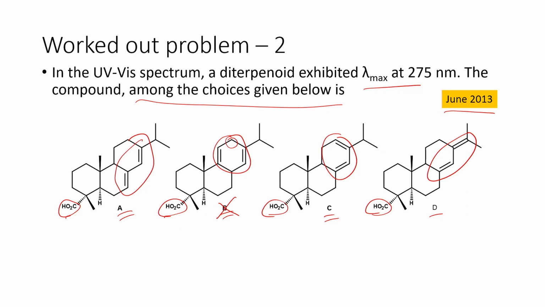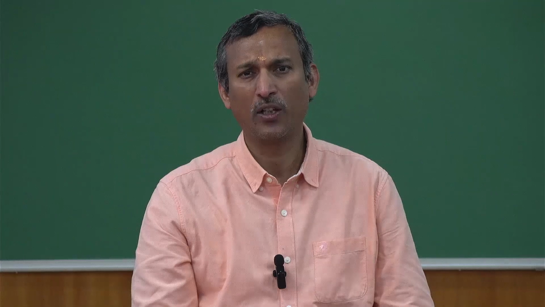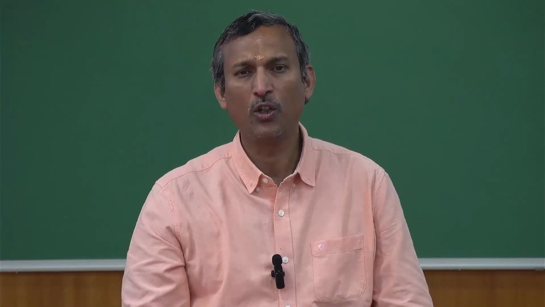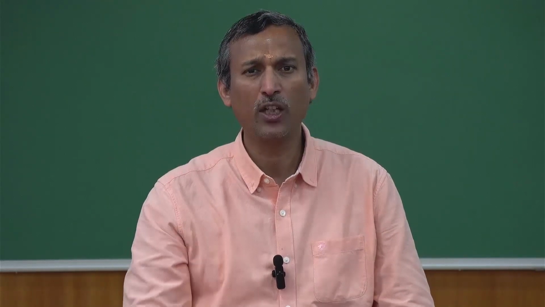Before solving the problem, we need to know the basic rules which govern the UV excitation values. There is a rule called the Woodward-Fieser rule, and we will be mainly focusing on it for this problem, because every substituent has a corresponding contributing value. We will not look into each functional group's contribution, only the groups present in this given system.